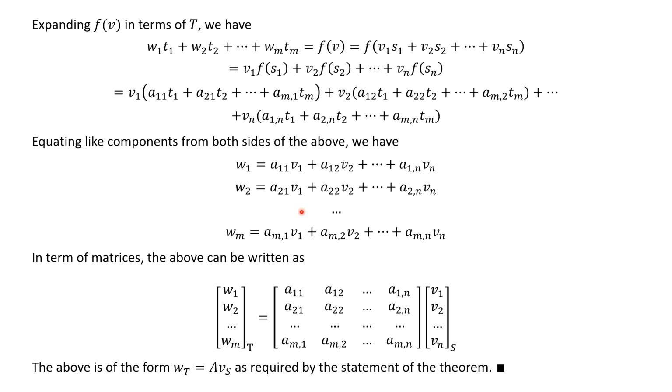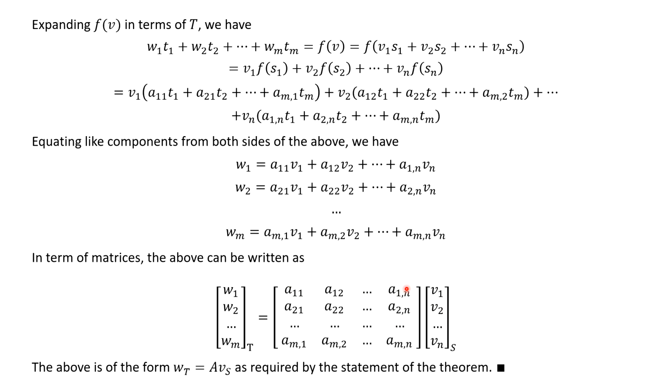And then of course we keep doing that, and we equate them with the left-hand side. So we have the two representations for f of v. On the one hand, it's w1, w2, all the way down to wm. We can put that in a column vector, and then we can represent this right-hand side as matrix multiplication.